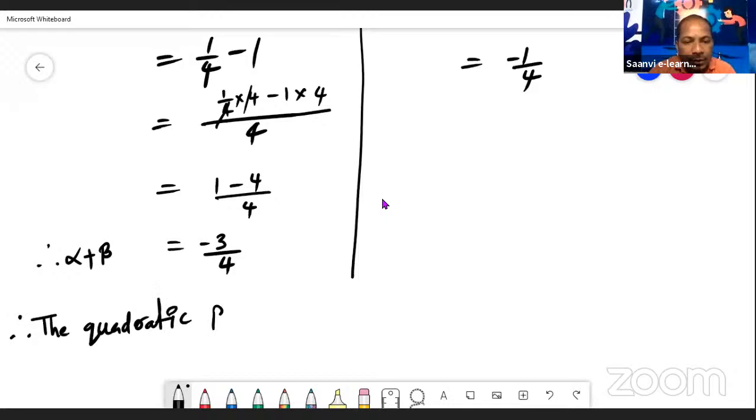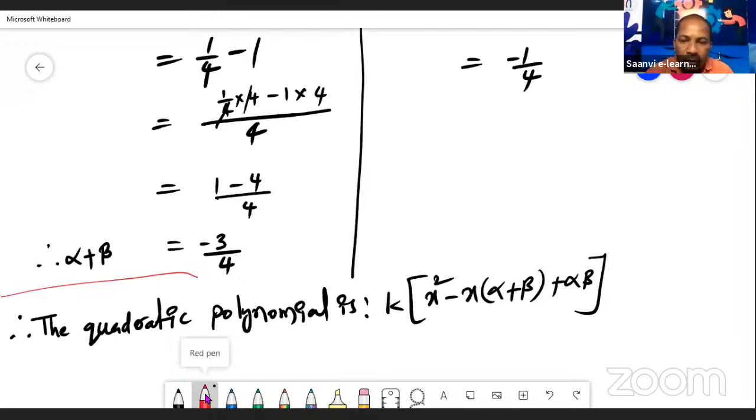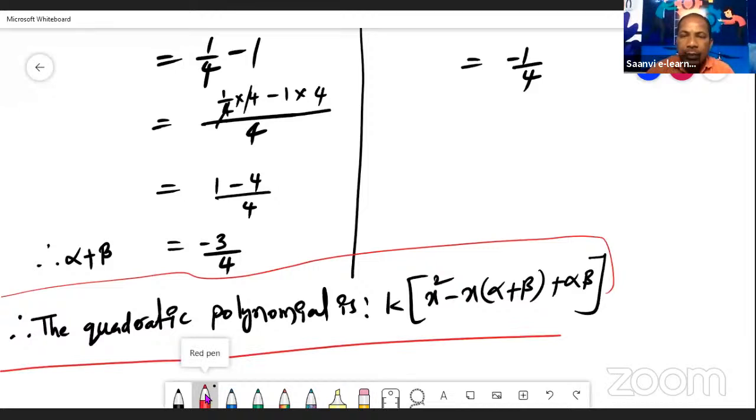Therefore, the quadratic polynomial is k of x square minus x into alpha plus beta plus alpha beta. Okay. So this is the formula for finding the quadratic polynomial. Okay, children. Now substitute the values and find the quadratic polynomial. Right?